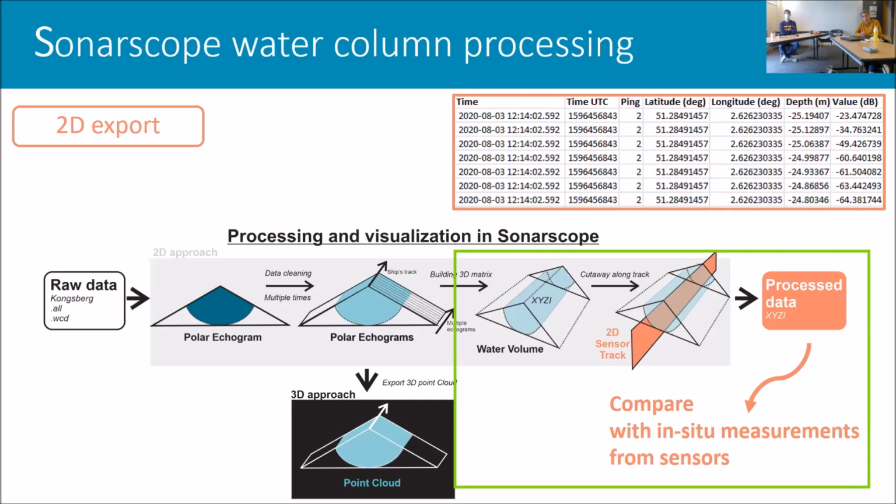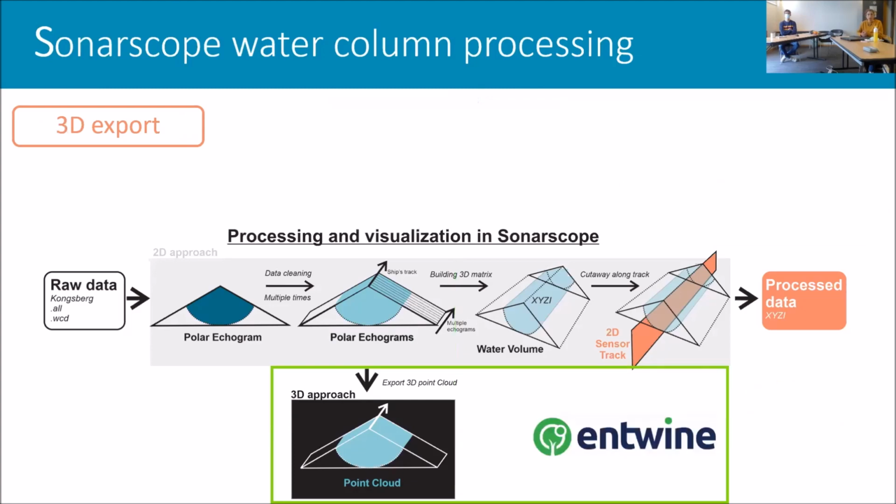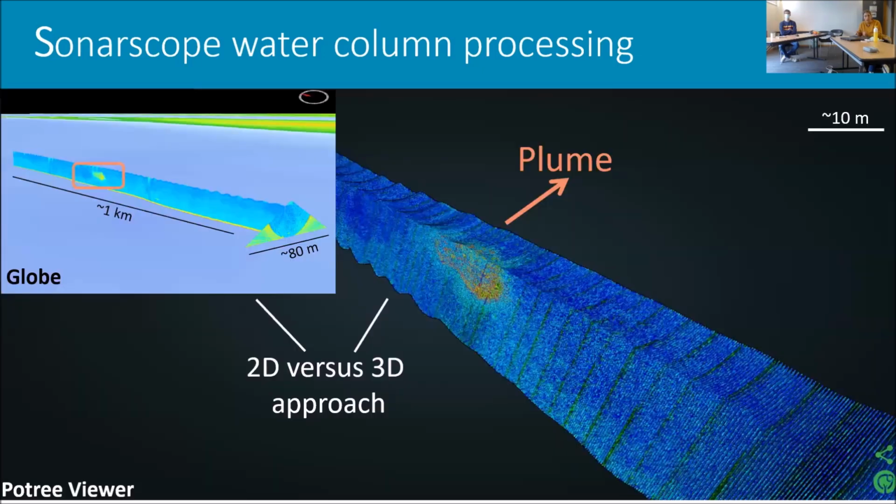that you can easily compare with the in situ measurements. Then in the 3D approach, the multibeam data is exported as massive point clouds, and these point clouds are then loaded into Entwine, which is a data organization library originally intended for LiDAR data. So afterwards, the data can be visualized in Potree Viewer.